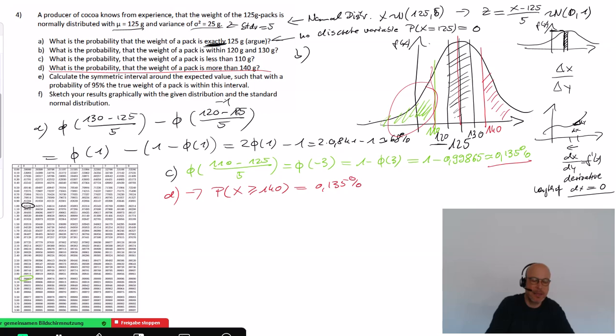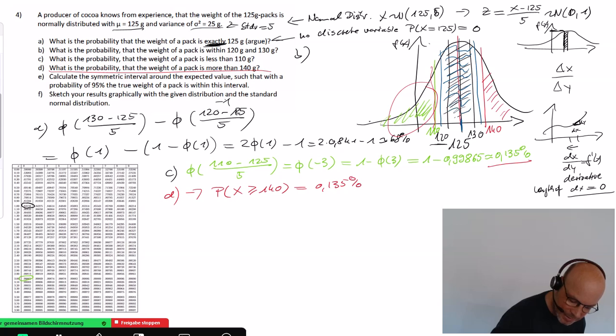So what we want to do is plus minus around our 125. We now say we do not want to calculate the probability, but the probability is given, so that this area now is 95%.